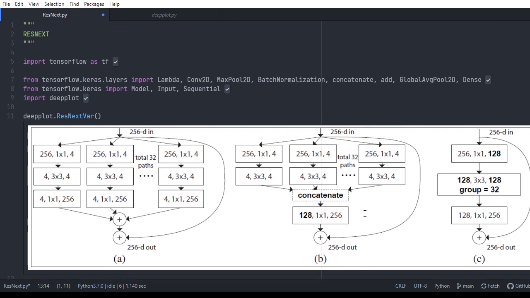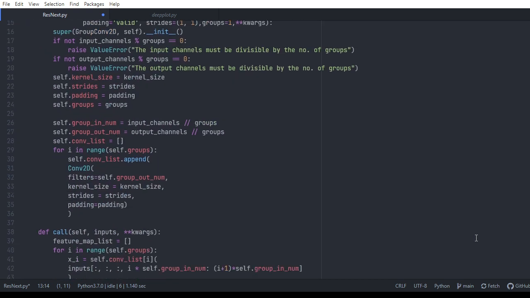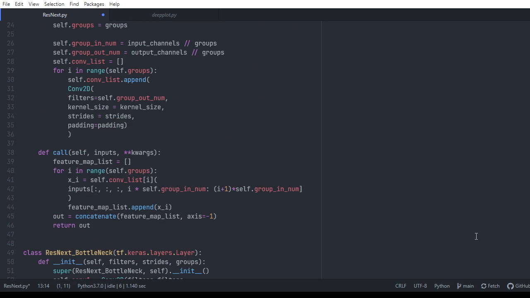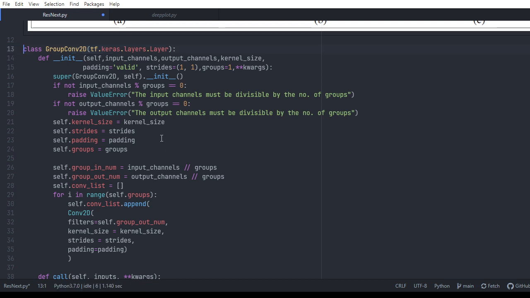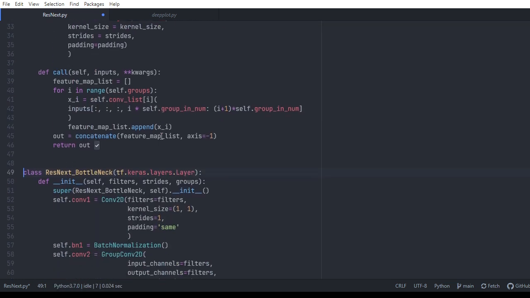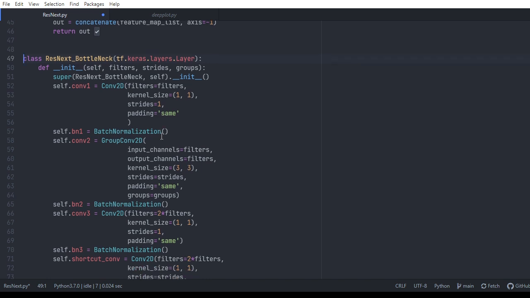So after that, now we'll implement the next part, which is the residual block, where we pass it through a normal convolution, then through a group convolution, then back to normal convolution, and then we sum the input and the skip connection. So after implementing the group convolution here, we would implement the bottleneck. We have a normal convolution.